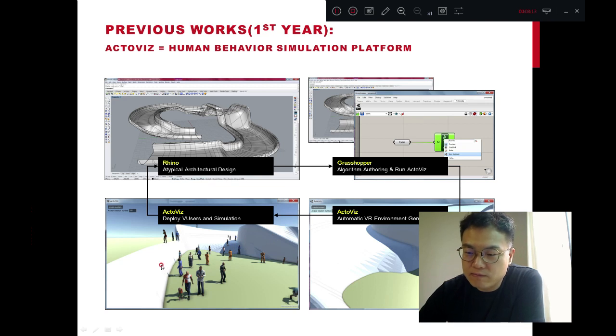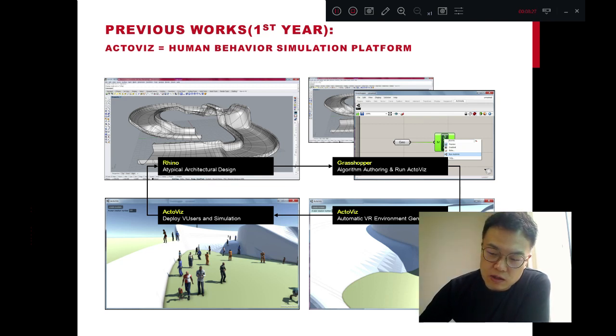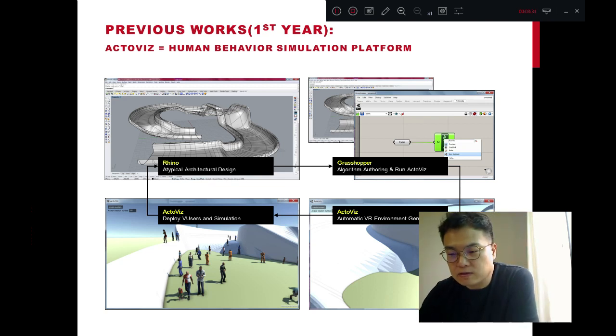They behave purely, and then the architect can figure out some phenomenon with the agents, between the architecture, a typical building shape and some agents.